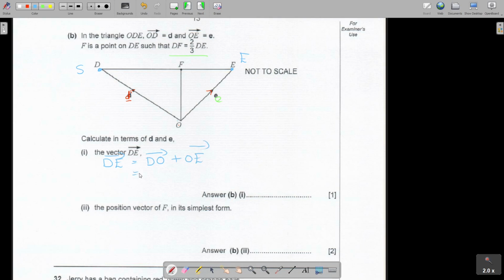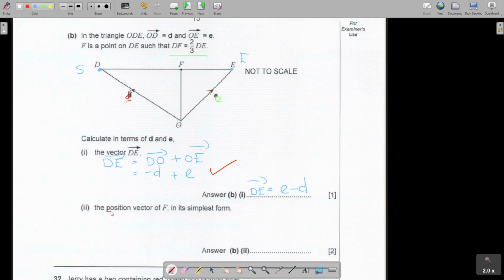So DO, now remember it's opposite direction, so it's negative D. But OE is E. You can write it like this. I prefer writing E minus D. But I see even in the memo, they just write it like this.